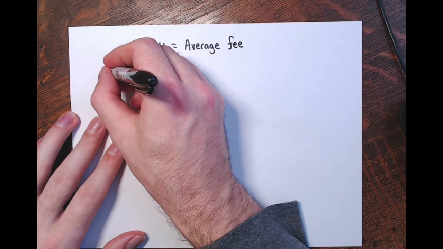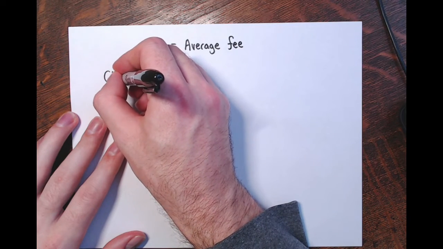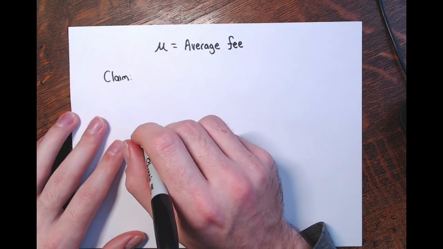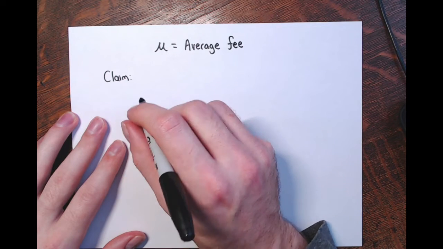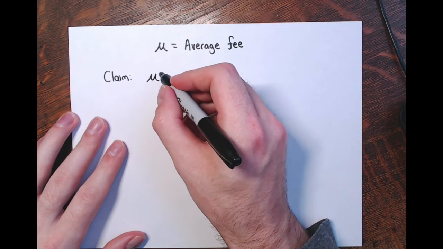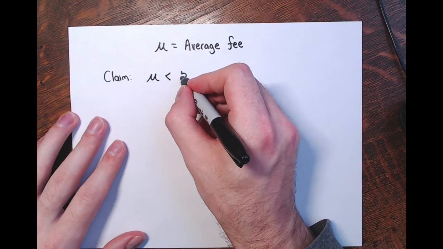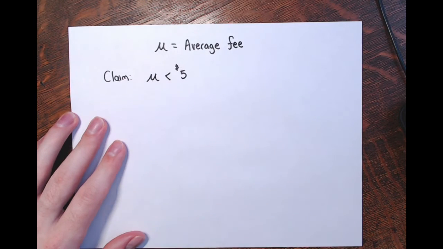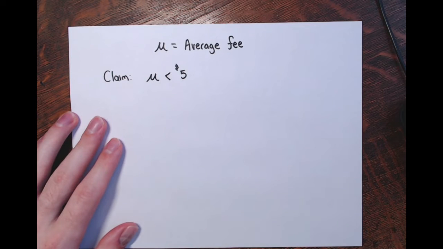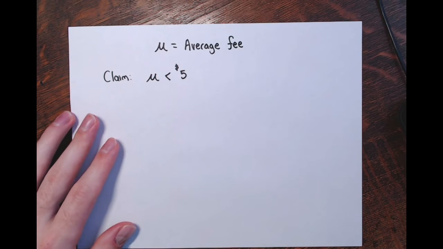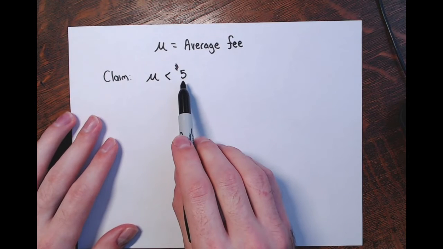Now, this market researcher makes the claim that the average fee to use one of these systems is under $5, so mu is less than $5. That's his claim. Now notice that this does not involve equality.